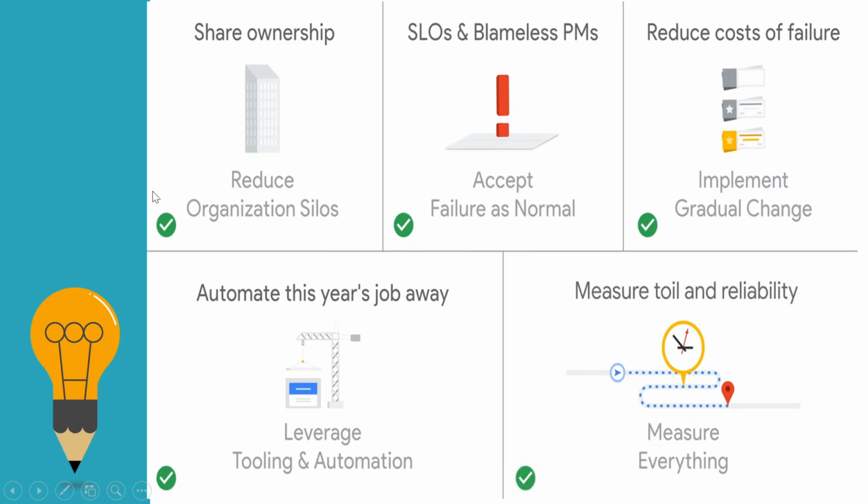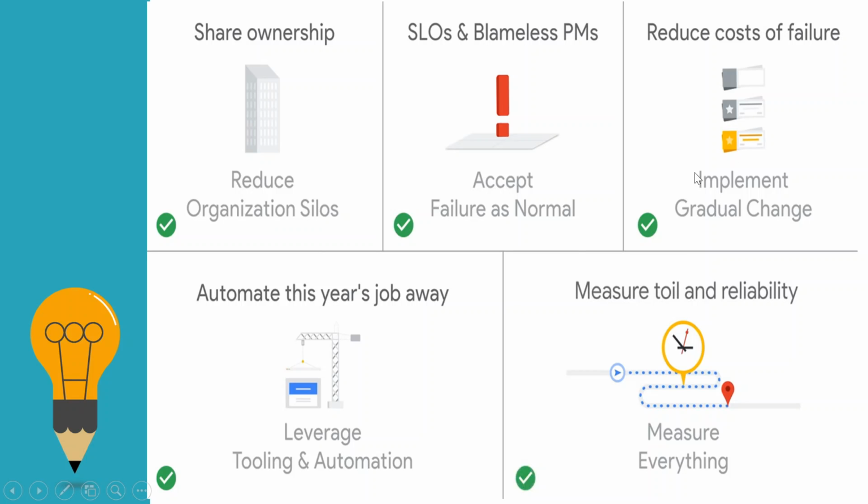When it comes to SRE, they share the ownership and SLOs. We'll learn about SLOs and everything in the next class and the next module, and reduce cost of failure. For cost of failure, we have error budgets, and as an SRE, I need to take care that we do not cross the error budget.